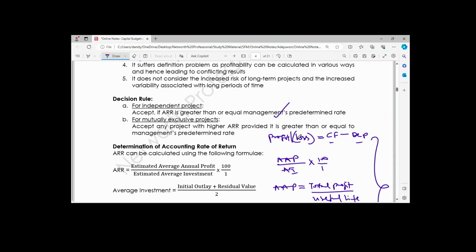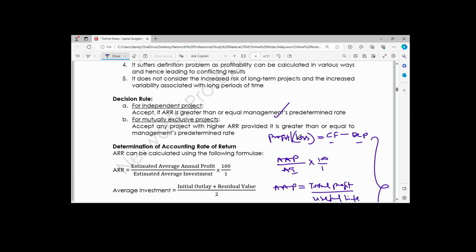In each method, for example payback period, if you are not given the management predetermined payback period, there will be no basis for the acceptability of the project. The same thing applies under accounting rate of return.